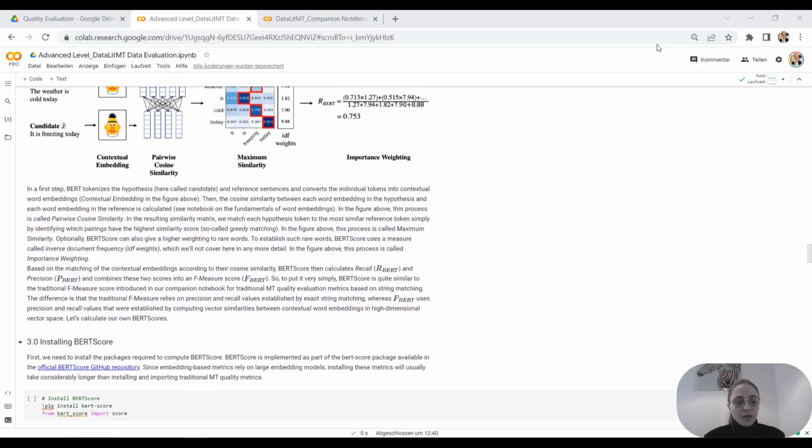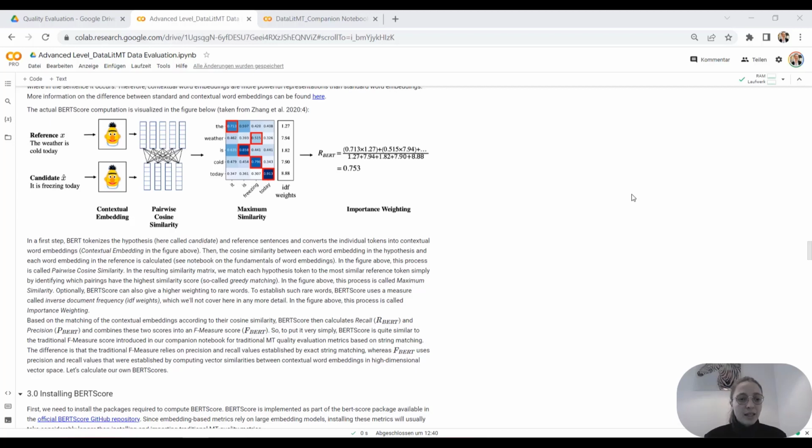So to compare it with what we can see here, BERT actually tokenizes the hypothesis. Tokenization is a topic that we also discuss in our data planning and collection learning resource, in case you're interested to hear more about it, where a word is split into subwords.